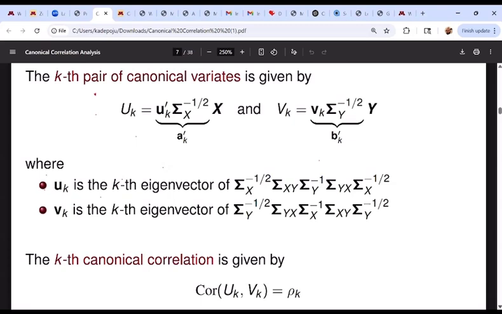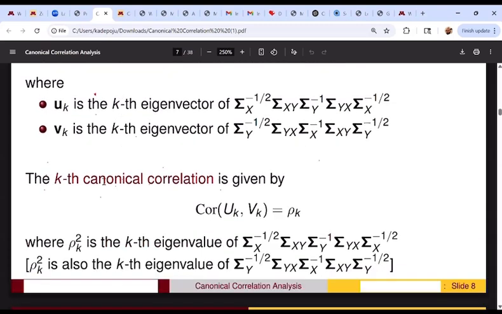The correlation between the two is called the kth canonical correlation, and it is denoted as rho K. Of course, there's something I also want you to take note of. Do you know that the square of this correlation is actually the eigenvalue of this?